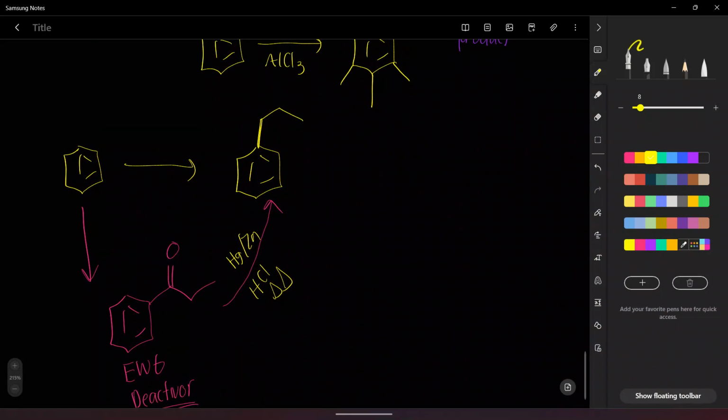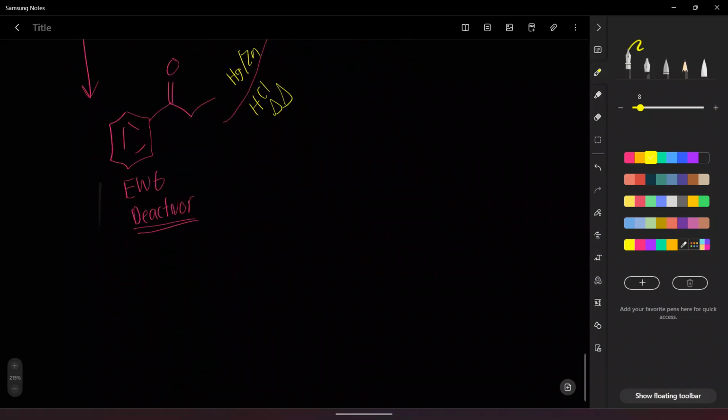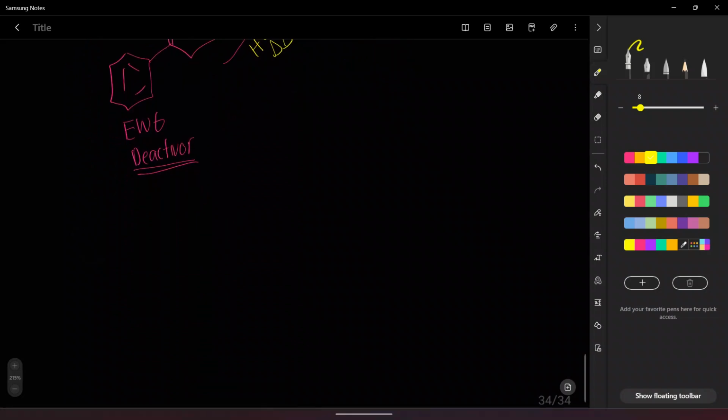Again, if I didn't do it this way, well, first of all, I would rearrange if I did it the other way. But even if I didn't rearrange, if I tried to just brute force do this via alkylation, every single time I alkylated, it would become more reactive, and it would just lead to more and more and more alkylation. Okay, so I'm not going to attempt to do it that way.